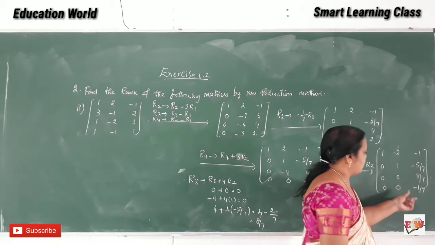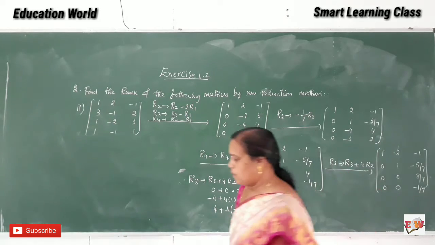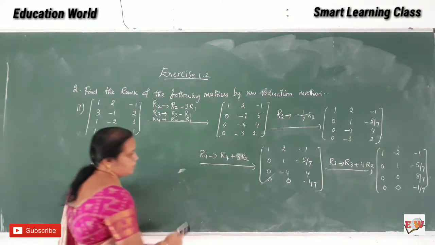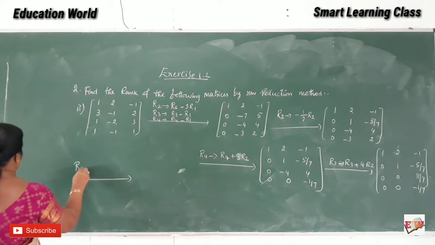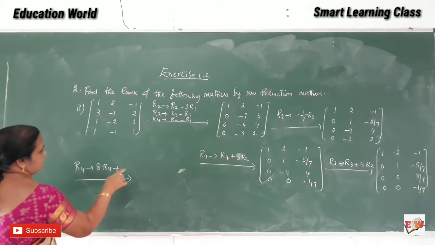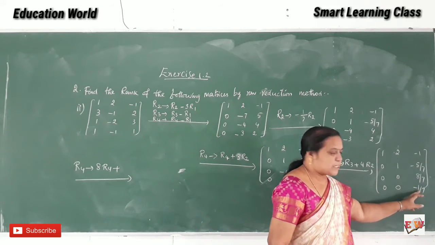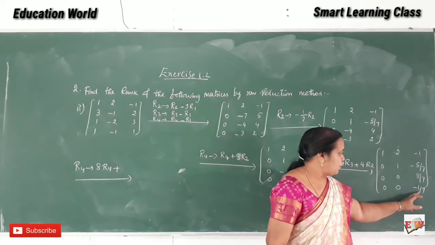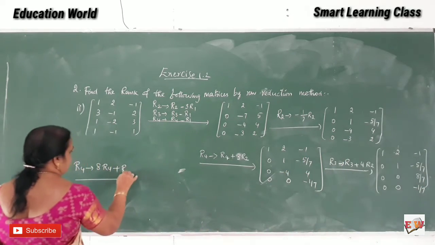One more thing, we have to transform this minus 1 by 7 to 0. For that, I am going to multiply R4 by 8, here 8 is there now. So, I am going to multiply with 8 R4 and add R3.